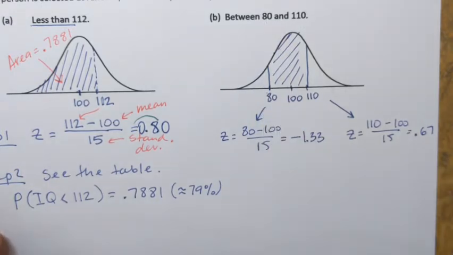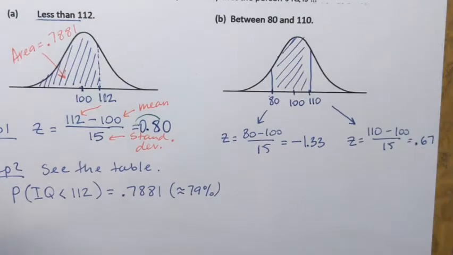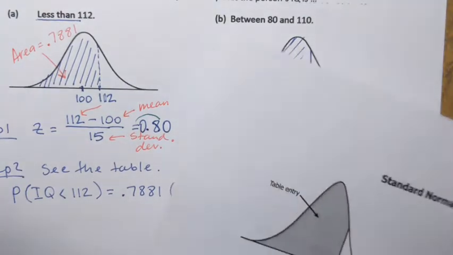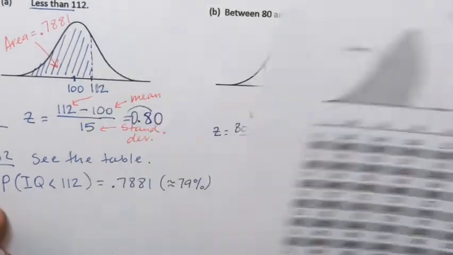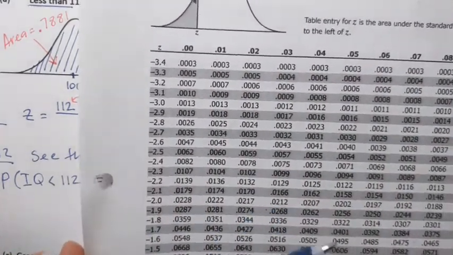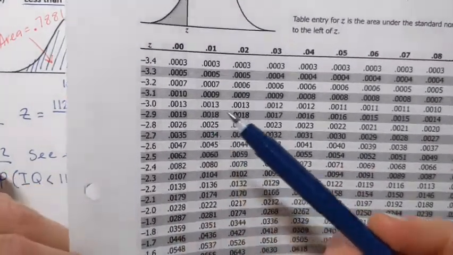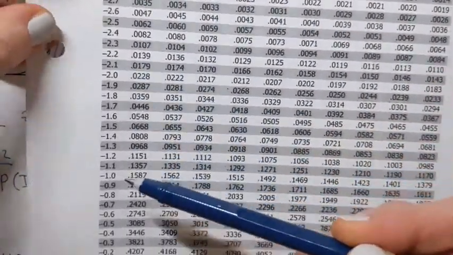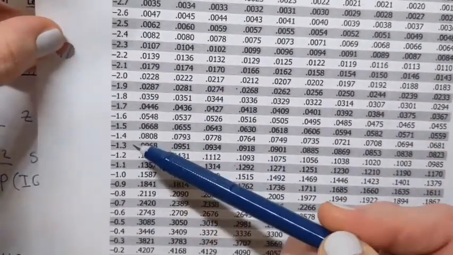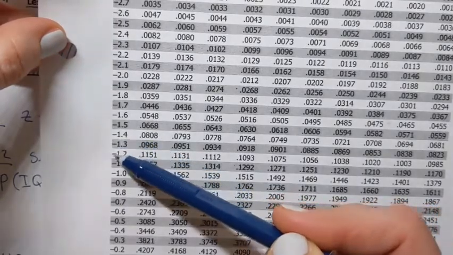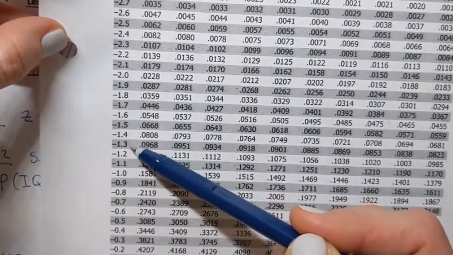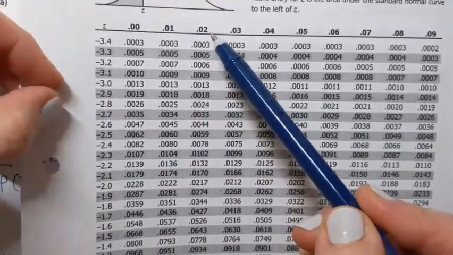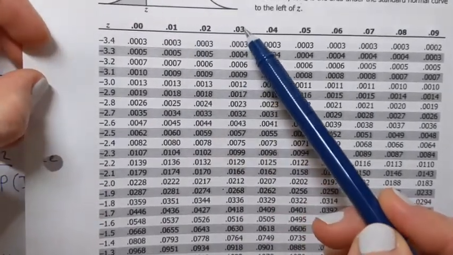Okay, so let's see what's the corresponding area for negative 1.33. I have to turn my table to the negative side. That's where I have negative z-scores, so negative 1.33. First I will find negative 1.3. Those are the first two digits right here. Okay, so here it is, negative 1.3. But I need another 3 over here, right? So that's where I'll use this first row right here.